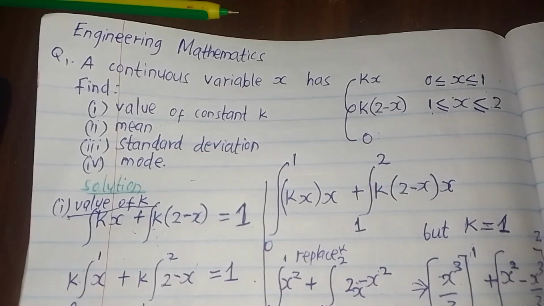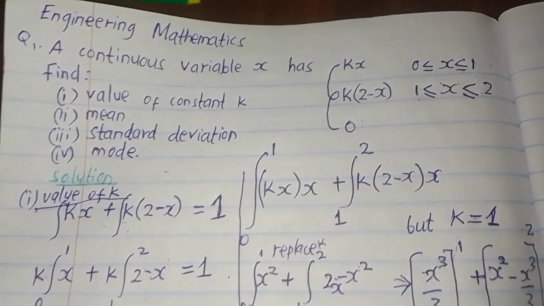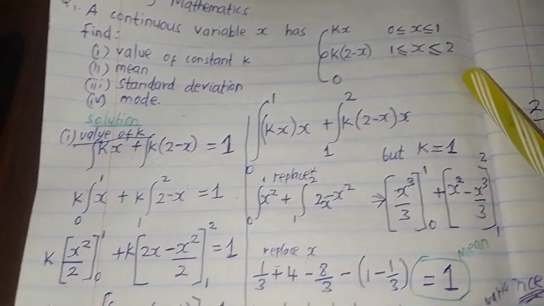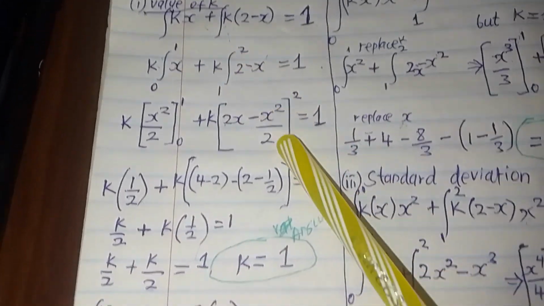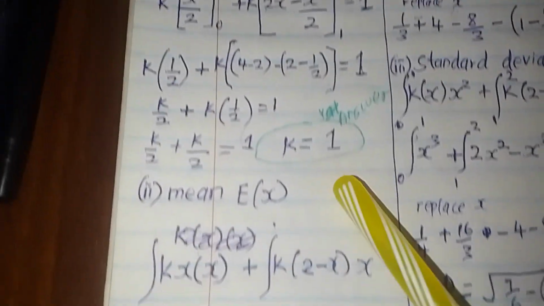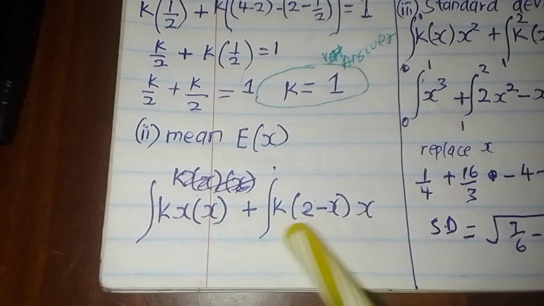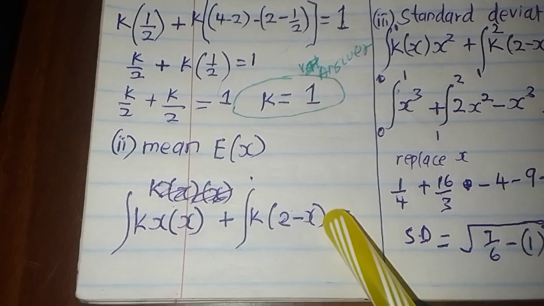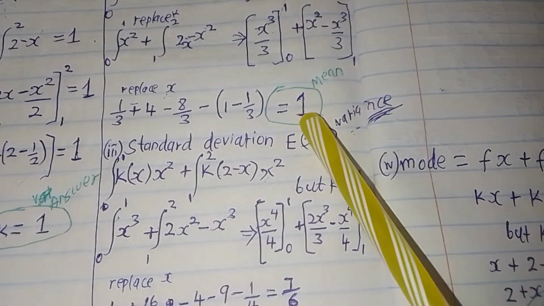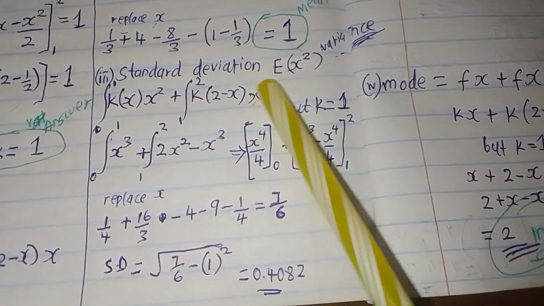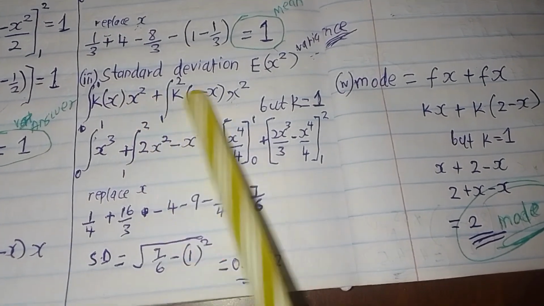So this is where we started. In a continuous variable, x has these limits, then we found the value of k, got 1, then the mean we multiplied by x. After that we got our mean as 1, then we went to find the standard deviation, we multiplied it by x squared.